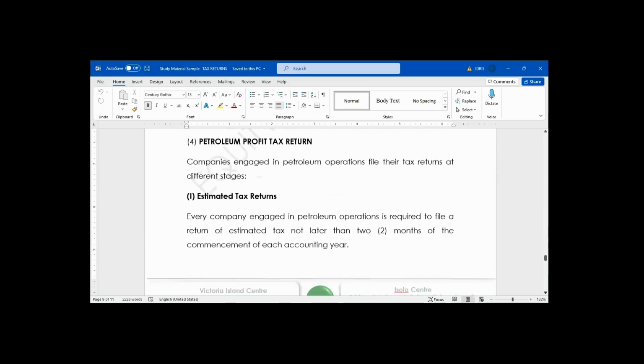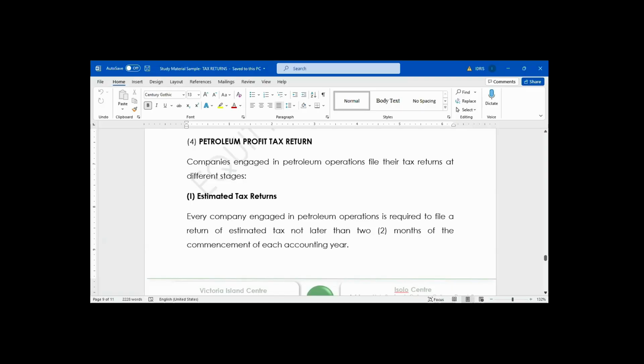Now, another type of return we need to look at is called petroleum profit tax return. Which company files petroleum profit tax return? Companies that engage in upstream petroleum operation.